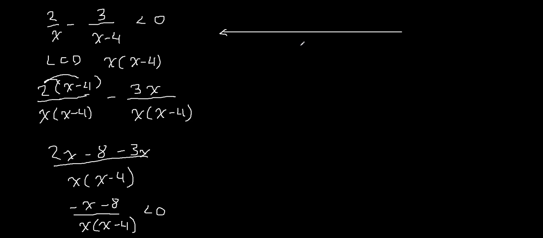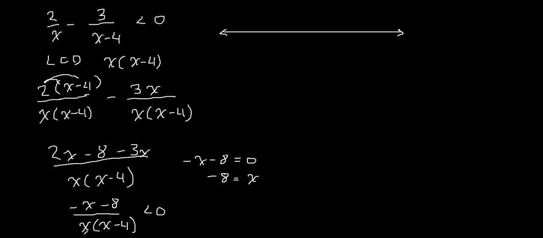Okay, so if the top equals 0, then this function will be 0, right? Because 0 over anything is equal to 0. So negative x minus 8 could be equal to 0, which means if we bring the x to the other side, x equals negative 8. So that could be one of the points we have.